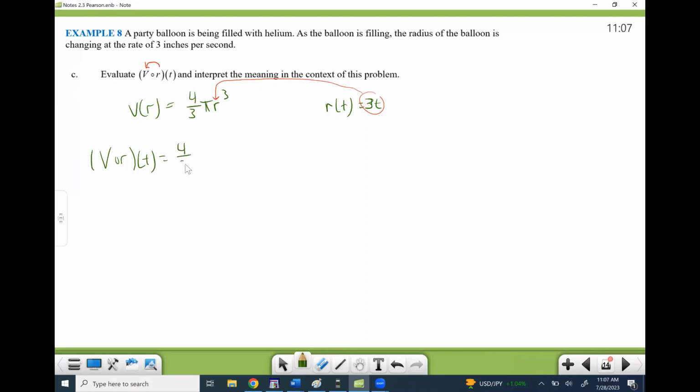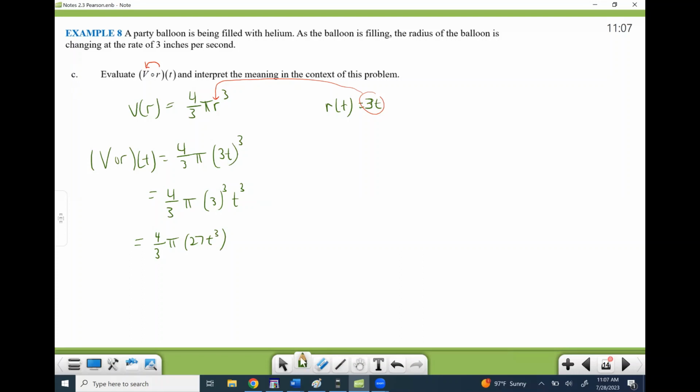All right, so we got 4/3 pi (3t) cubed. So we've got 4/3 pi. We're going to cube the 3. And we're going to cube the t. Both of them have to get cubed. So 3 times 3 times 3 is actually going to be 27. And then t cubed is just t cubed. I'll just put them together. Okay.